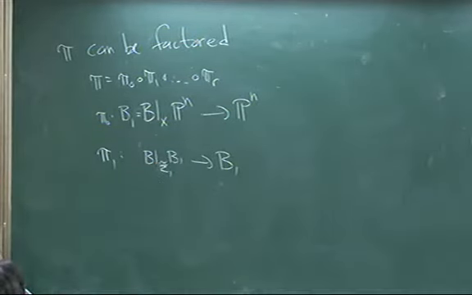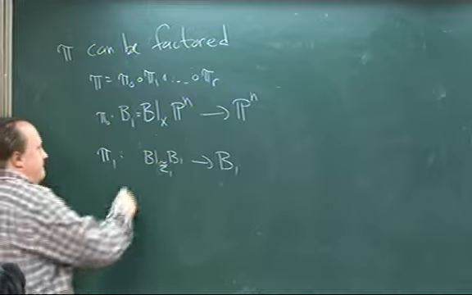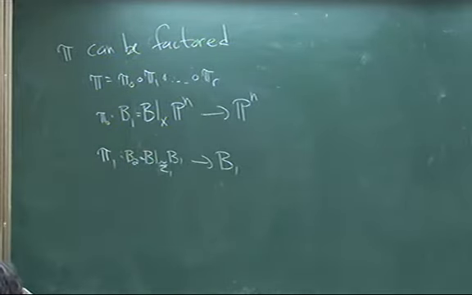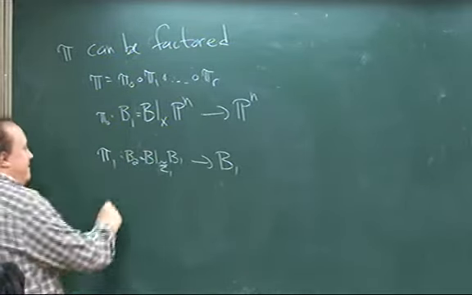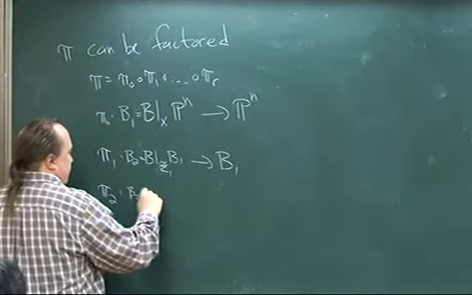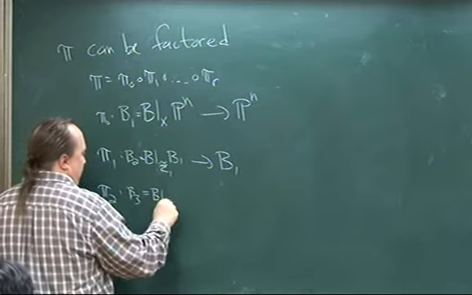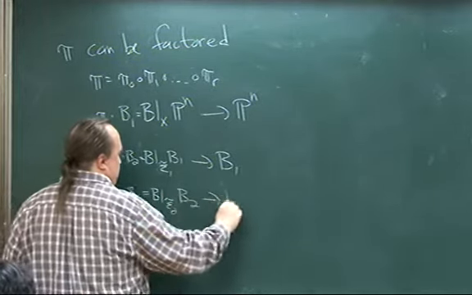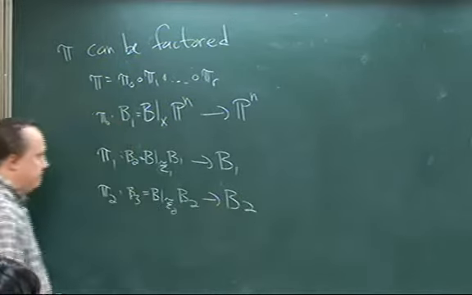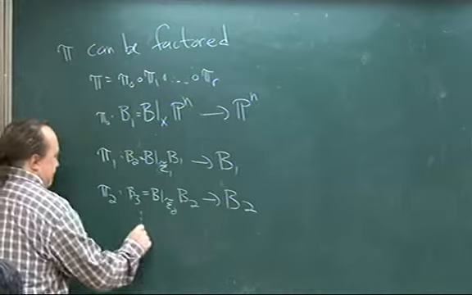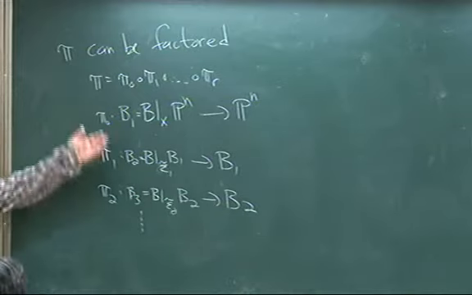So first we blow up the curve, then we blow up the proper transform of the secant variety, then we blow up the proper transform of the second secant variety, and we keep going. This will eventually resolve this morphism.